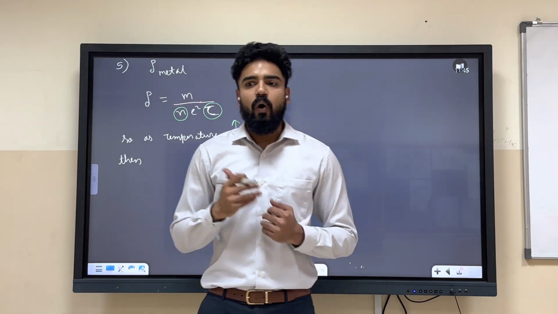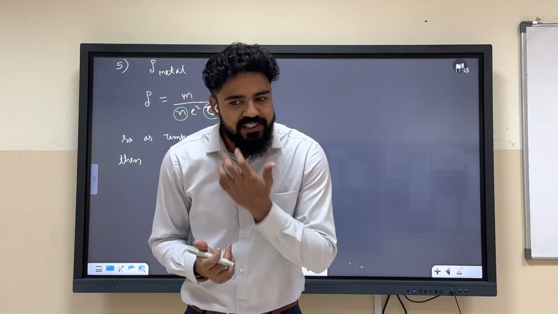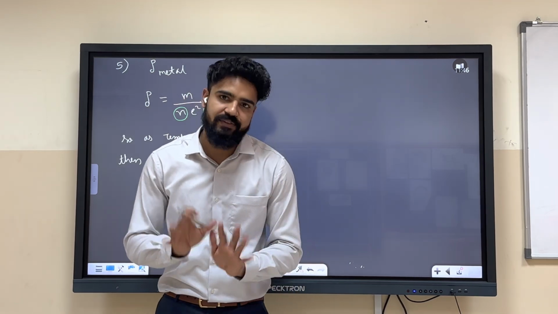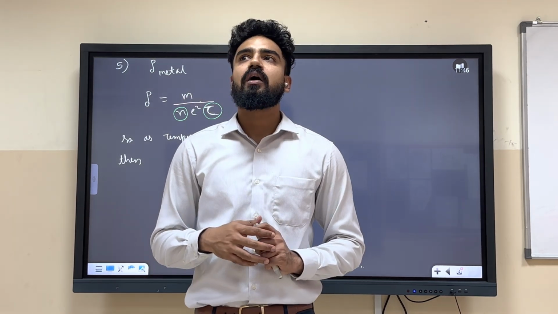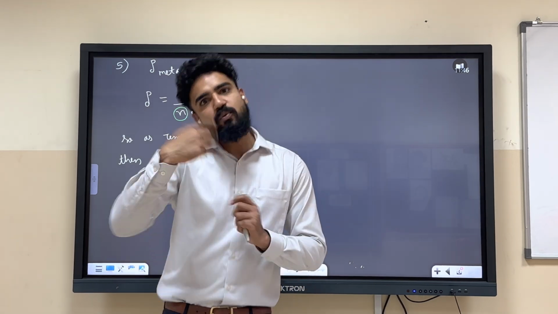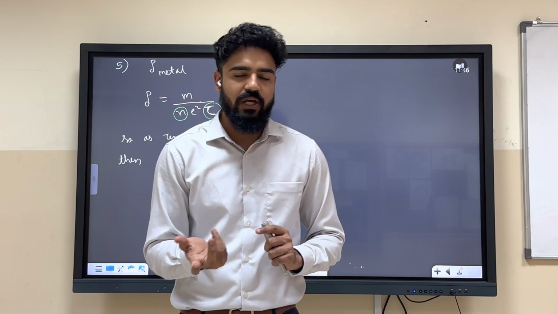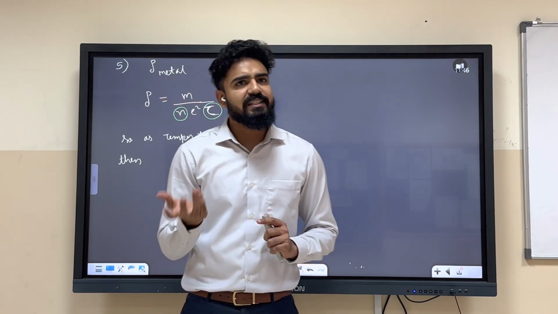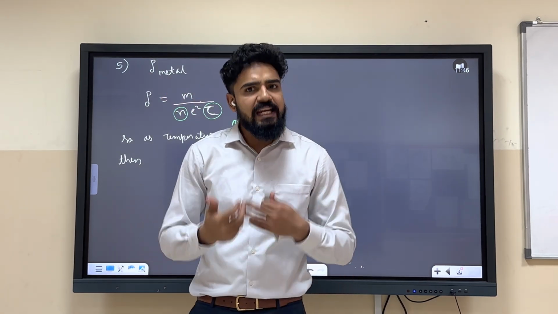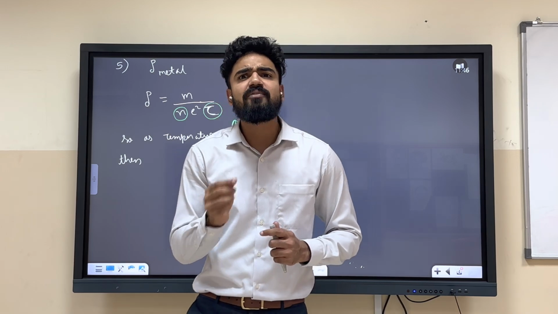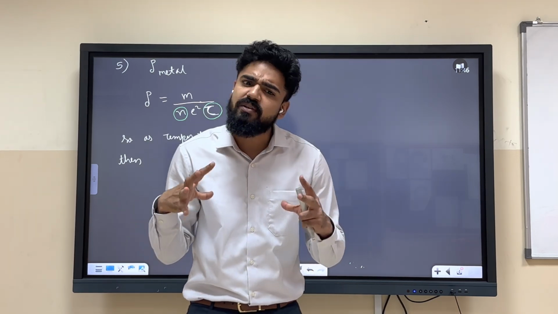Already it was in the state of Fe+2, let's say ferrous. Now it is giving one more electron, converting into ferric, Fe+3. So as temperature increases, yes, charge density will increase, because now in the given volume you are increasing the electrons.